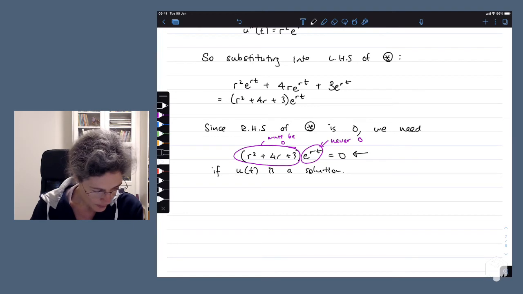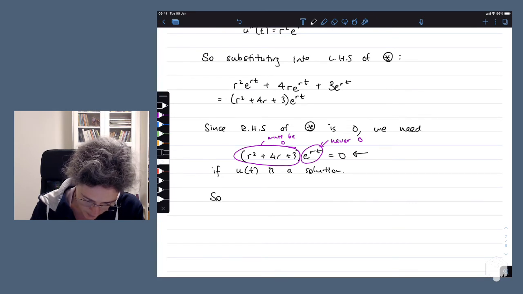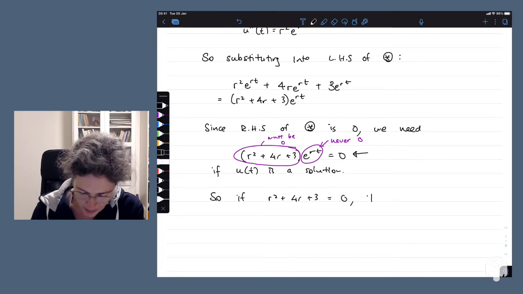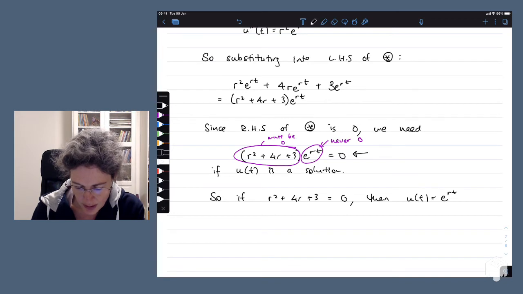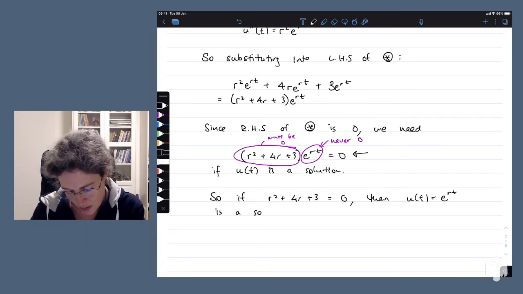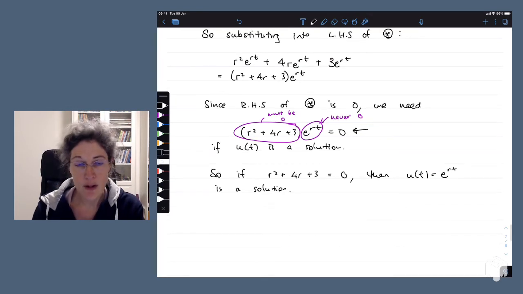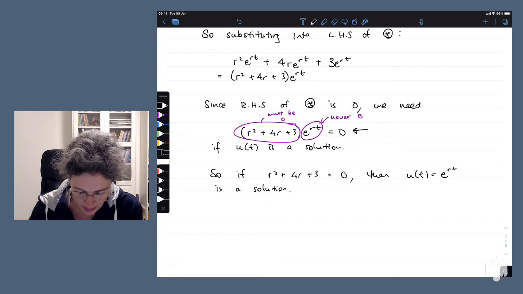So if our r squared plus 4r plus 3 is equal to 0, then our u of t equal to e to the rt is a solution. But we can actually go a little bit further. We can find out for which values of r this is true, because we know how to solve quadratics.